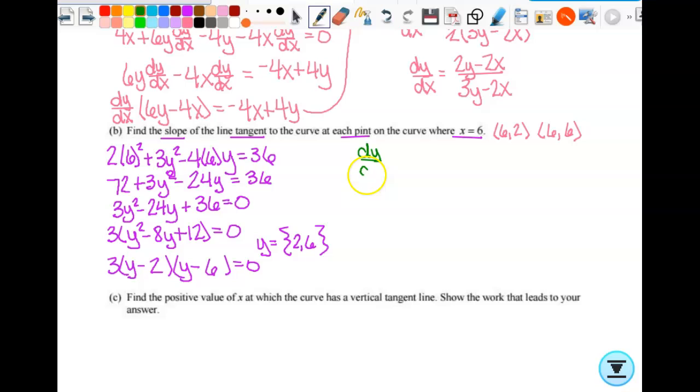Okay? So the first thing we're going to do is the derivative. So dy/dx evaluated at, we'll do (6, 2) first. And then we'll substitute it in.